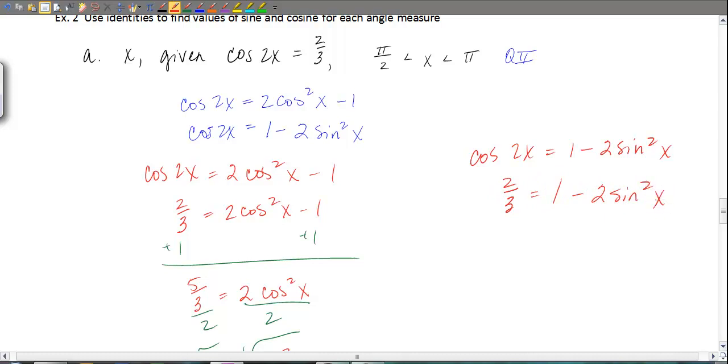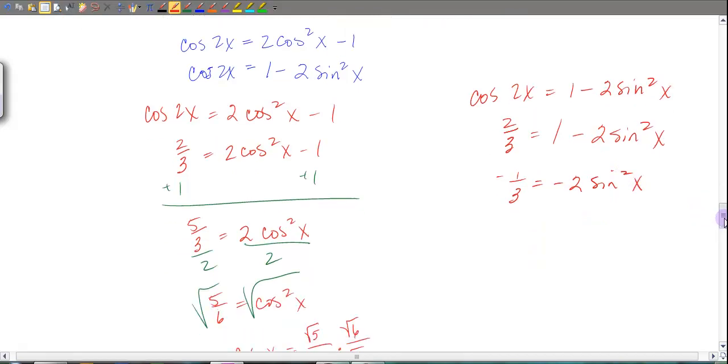You're going to do the same thing here. We're going to subtract 1 from both sides, and when we do that we get negative 1/3 is equal to negative 2 sine squared x. I'm going to divide both sides by negative 2, and I get 1/6 is equal to sine squared x.